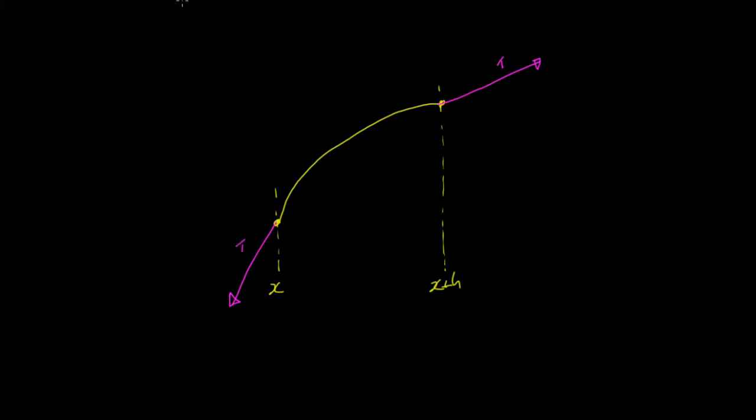The first assumption is that each element of the string can only move up and down. If we draw our axis system, we call that y, and we'll call that x. So each piece of string can only move up and down, as we saw in the previous video, where we looked at each element moving up and down.